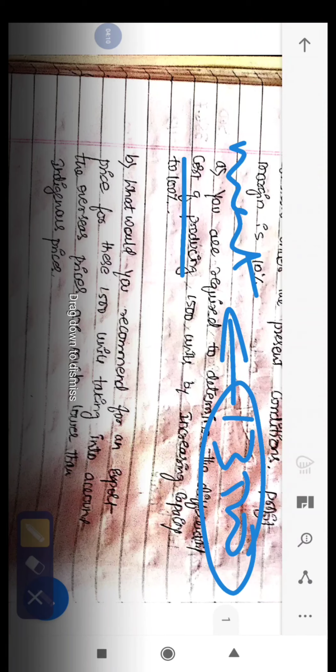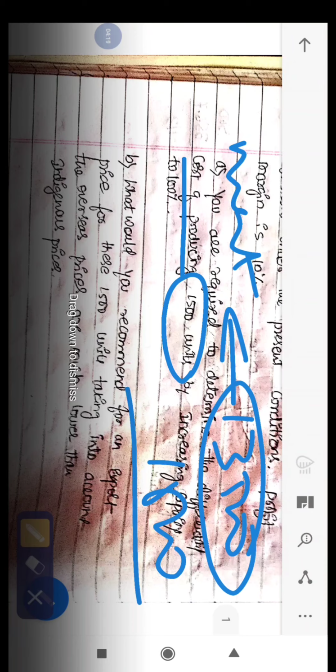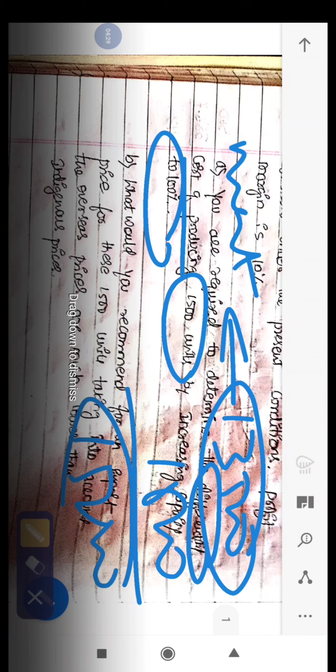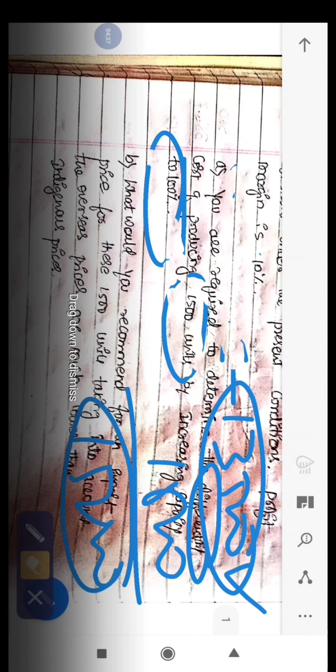Next, if we increase these 13,500 units by 1,500, that is 13,500 plus 1,500, which equals 15,000, what will be the differential pricing?